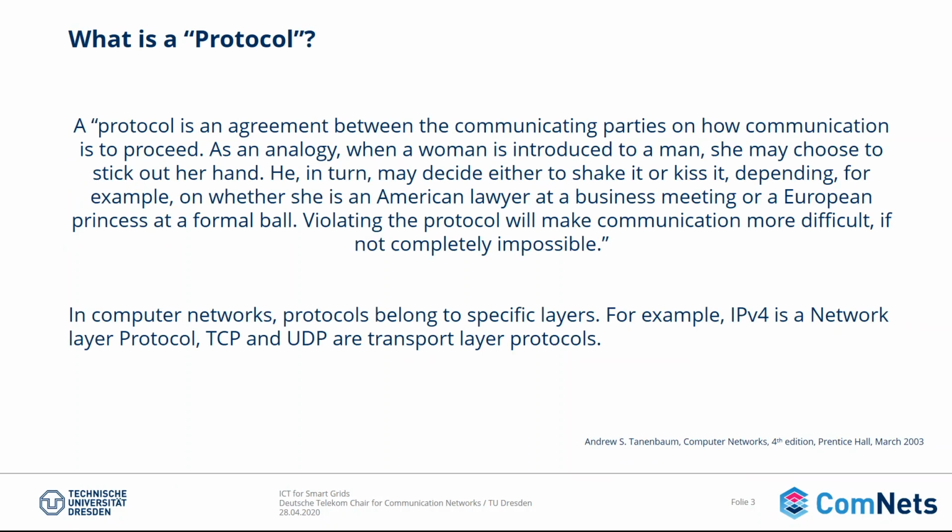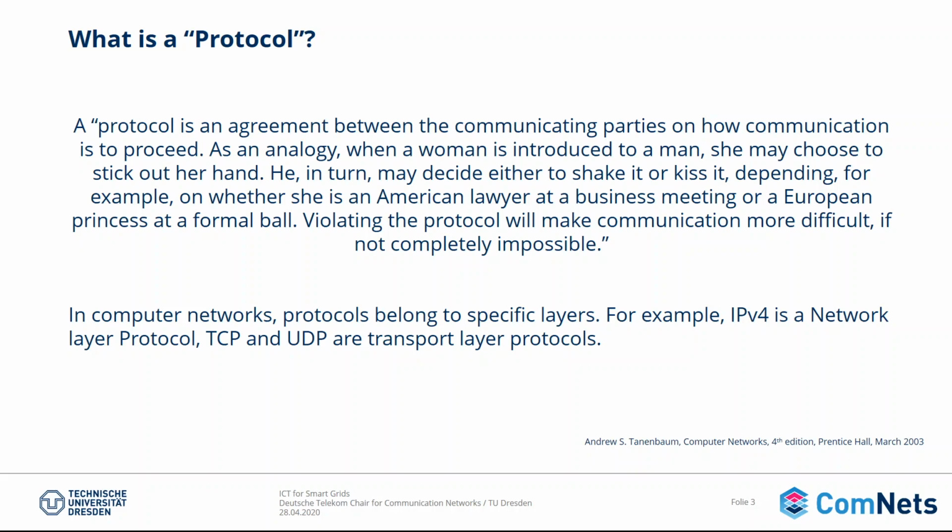So let's dig in. First, before we talk about specifics, let's discuss the meaning of the word protocol. One of the definitions from the world-known book of computer networks by Tannenbaum is that a protocol is an agreement between the communicating parties on how communication is to proceed. As an analogy, when a woman is introduced to a man, she may choose to stick out her hand. He, in turn, may decide either to shake it or kiss it.